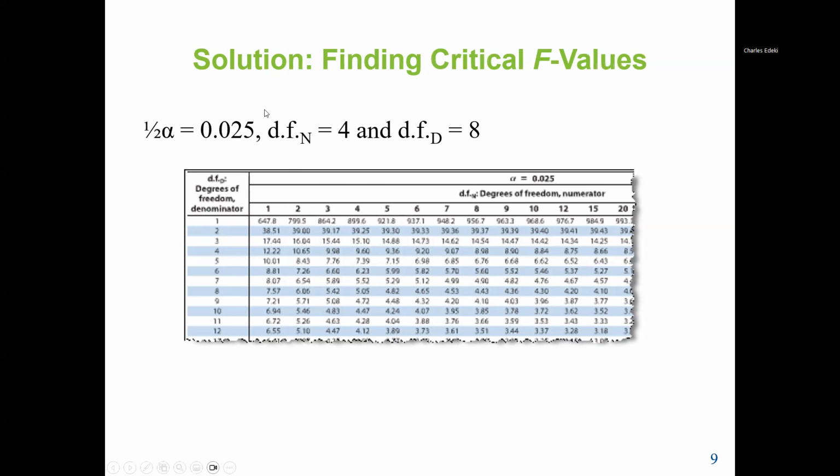Now we know the degree of freedom for the numerator is the column and the denominator is the row. So we go to 4 and 8, and that gives us 5.05. So the critical value is therefore equal to 5.05.